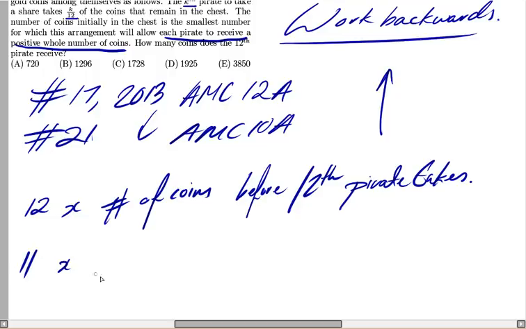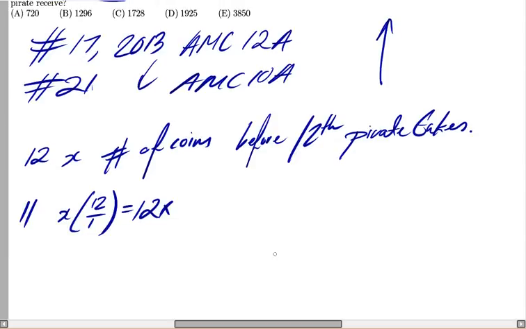So the 11th pirate's amount would be x times 12 over 1, dividing by 1/12, giving us 12x. You can verify this because the 11th pirate takes 11/12 of 12x, which is 11x, yielding 1x.